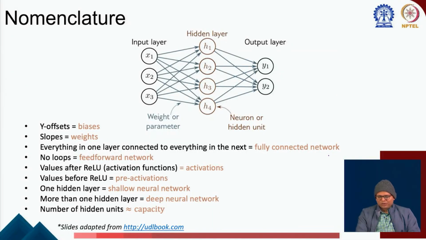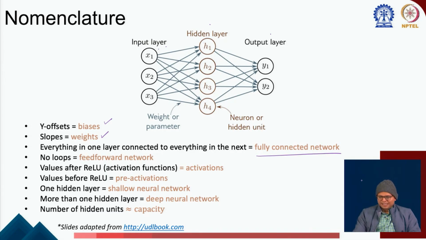Okay, and now coming to some nomenclature. The y offsets, we call them the biases. The slopes are the weights. So all these are the weights. Now if everything in one layer is connected to everything in the next layer, it's called a fully connected network, and you can call the layers the input layer, hidden layer and output layer. That's the default way deep neural networks are used.